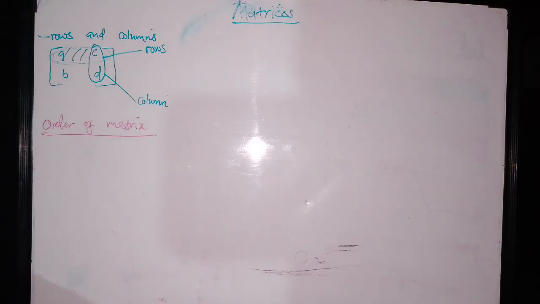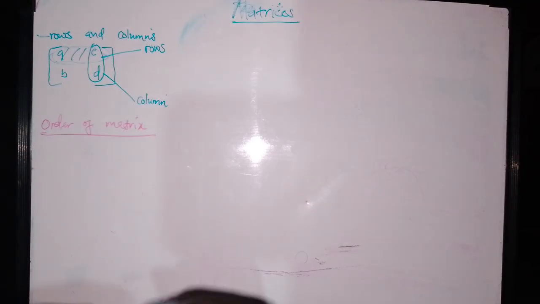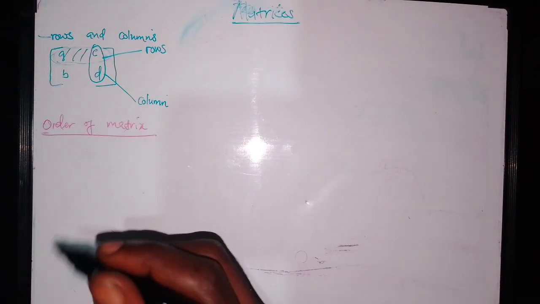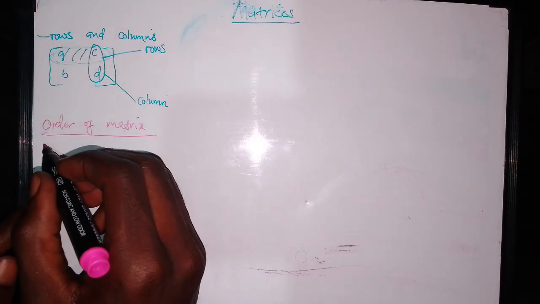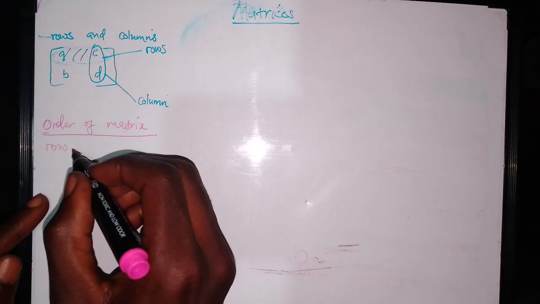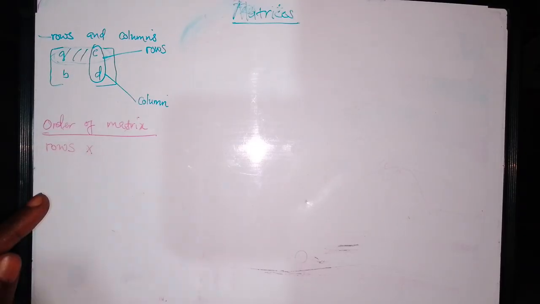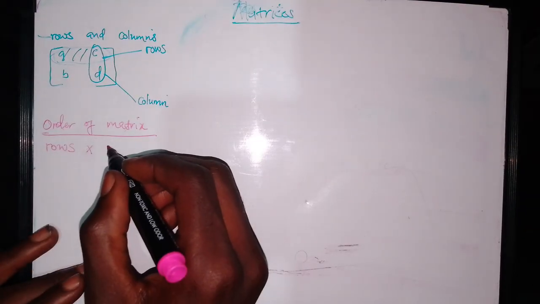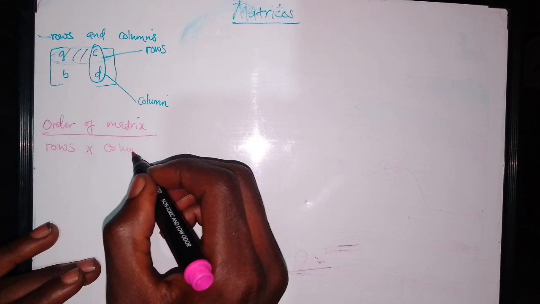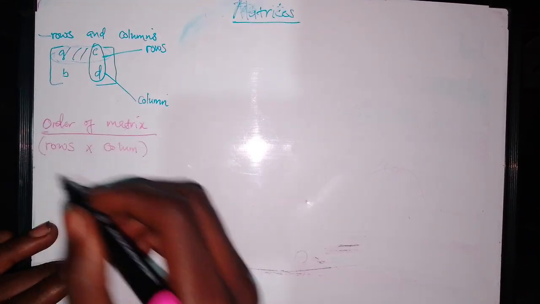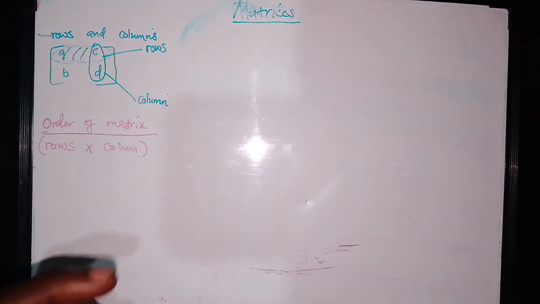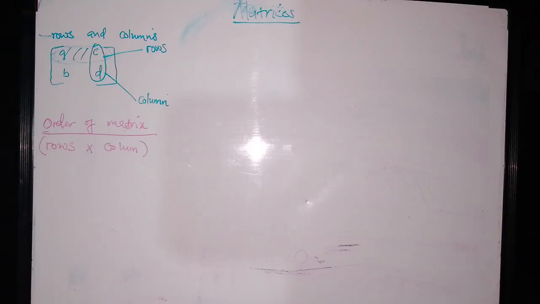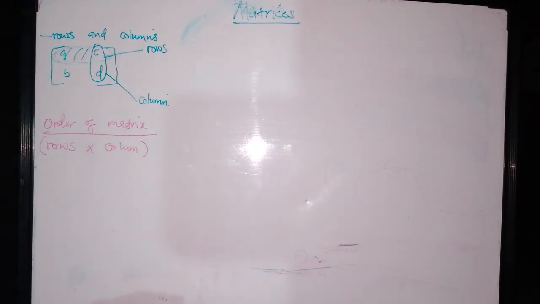To write the order of a matrix, you start by writing the number of rows, then you multiply it by the number of columns. Rows and columns together are known as the order of the matrix.